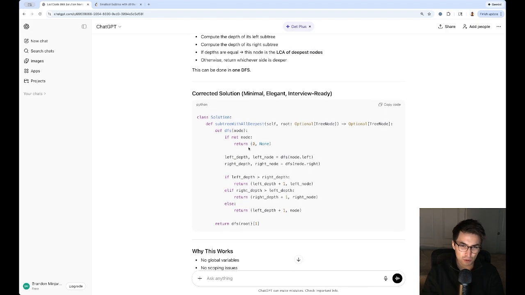If not node, return 0 and none. So left depth, left node are being returned. Right depth, right node returned to the parent.